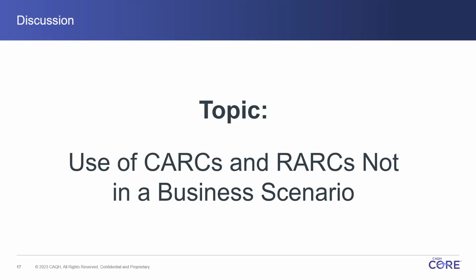Unfortunately, there is a little drawback here, because on the CORE required business scenarios, we do require that any vendors or clearinghouses using the business scenarios not only display the CARC, RARC, and group code definitions, they also have to display the business scenario, which is a higher level of message to the provider.